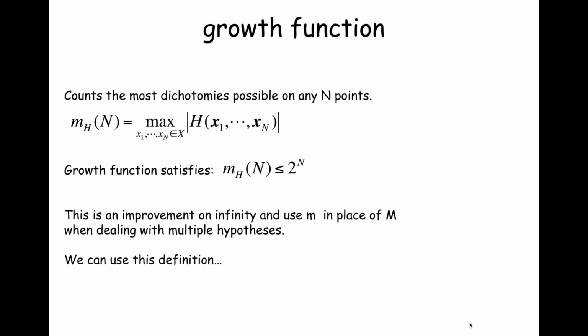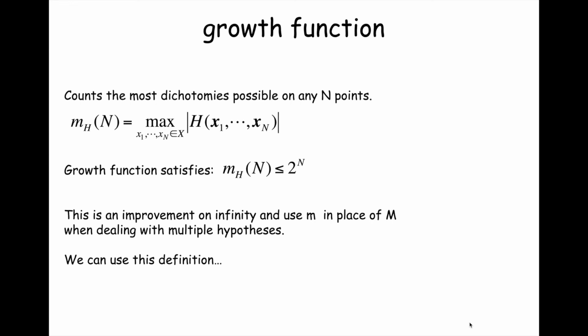Okay? All right. So the growth function satisfies the following property, that we have a growth function, and we know that that growth function has a maximum value of 2 to the n given n many data points. Why?